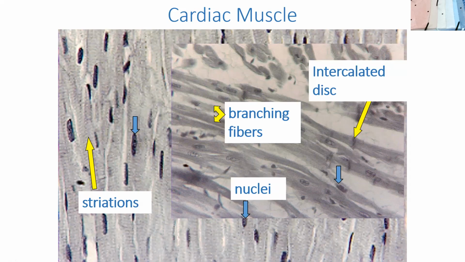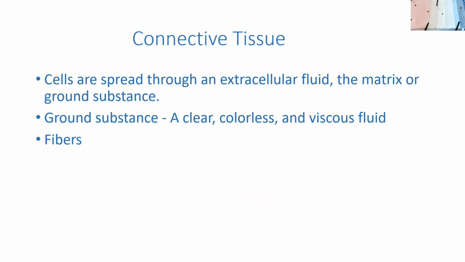Lots of cells, lots of nuclei, but not multiple nuclei. So one nucleus per cell. Okay, those are the three types of muscles: skeletal muscle, involuntary muscle, or smooth muscle, and cardiac muscle.